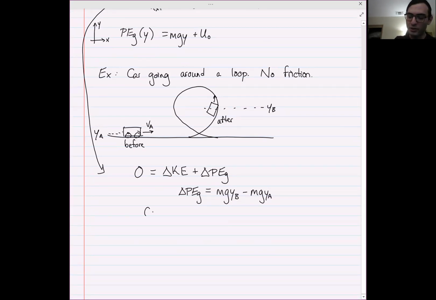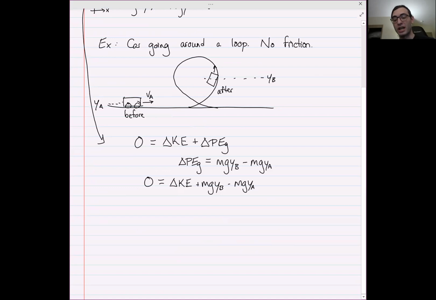So what we get is that 0 is equal to delta KE plus mgyB minus mgyA. And now we're going to use what we know about the change in kinetic energy. The change in kinetic energy is 1/2 mvB squared minus 1/2 mvA squared.